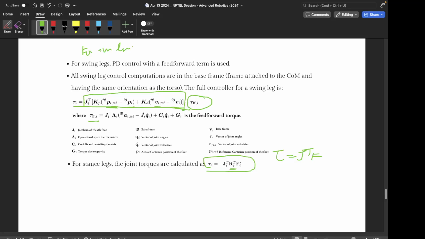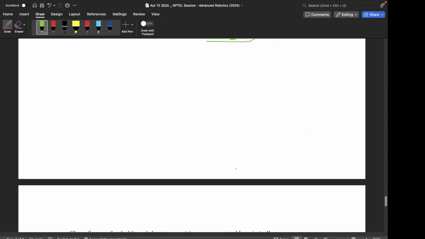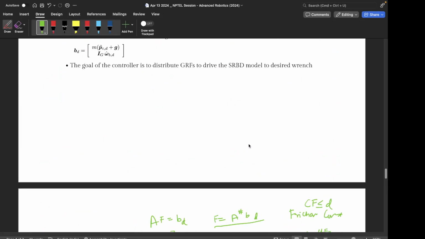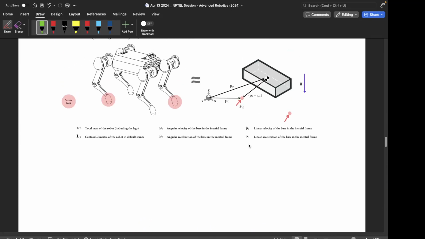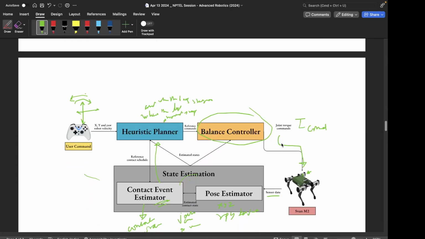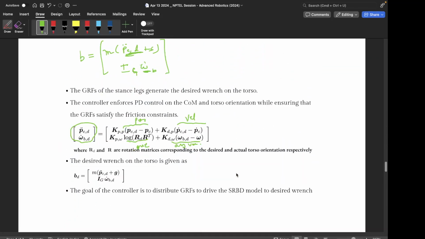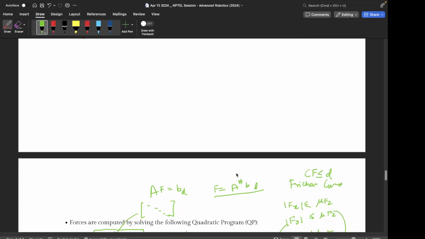So we get the torques, and once we have the total 12 cross 1 torques, those are sent to the actuators. So this is the summary of the balance controller.